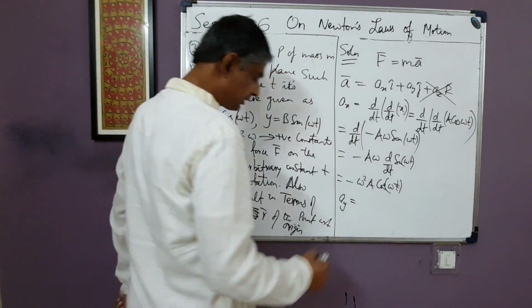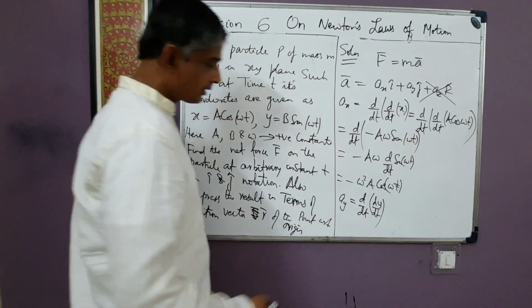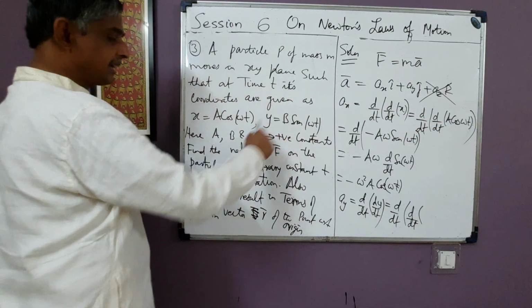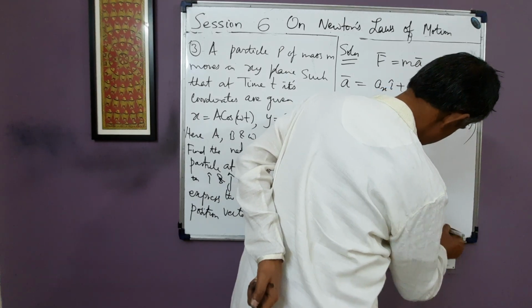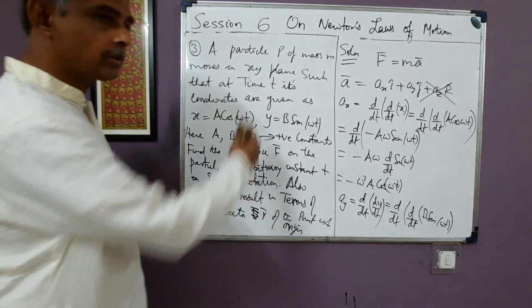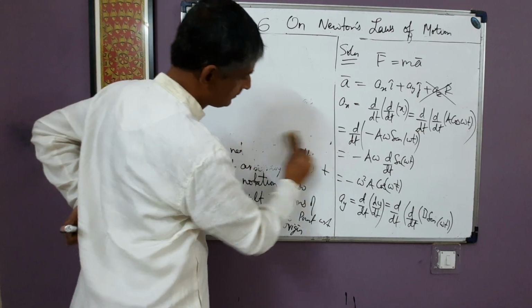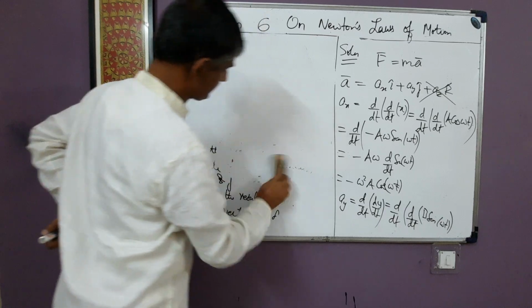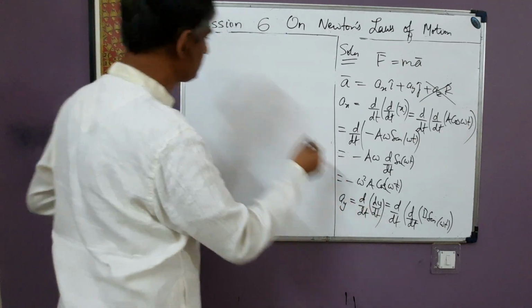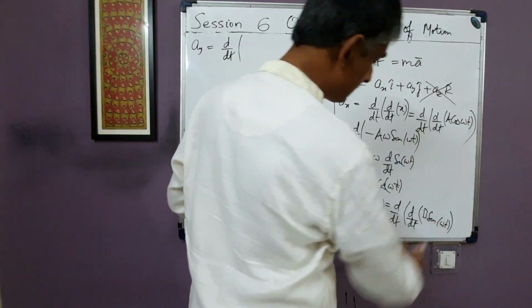So ay will be written as d by dt of dy by dt, which is d by dt of b omega cos omega t.